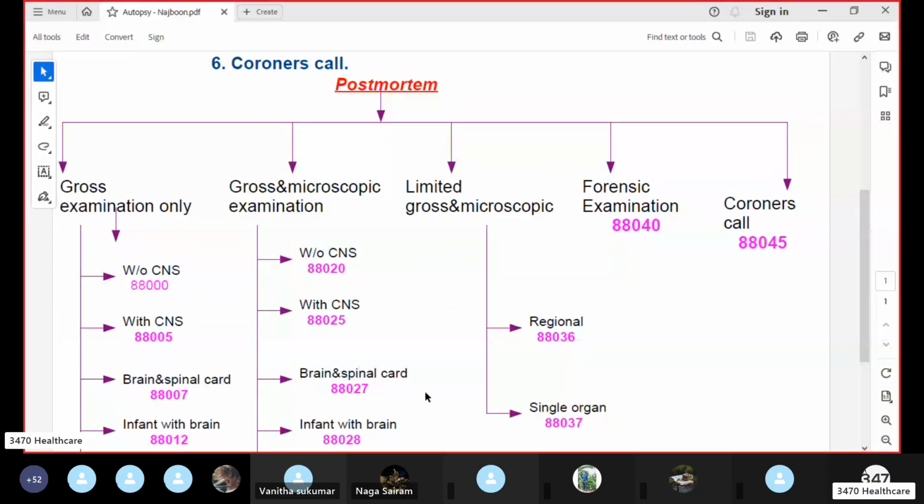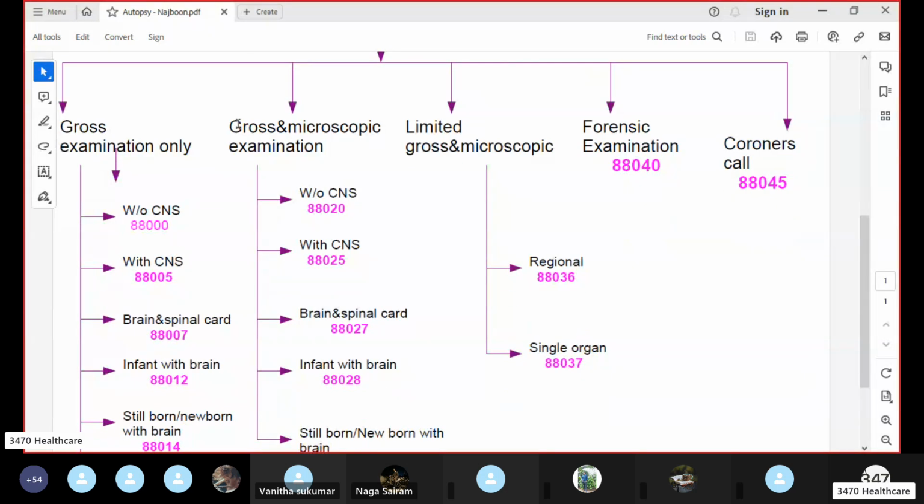They are seeing through the eye and giving the result. It is for gross examination only. Seeing through the eye and with a microscope, it is the gross and microscope. Only looking through the eye and giving the result is gross.